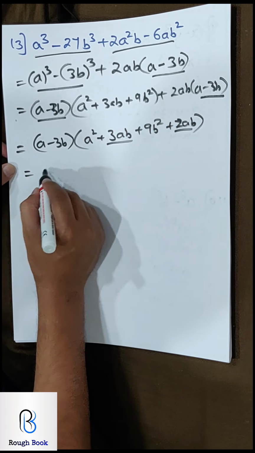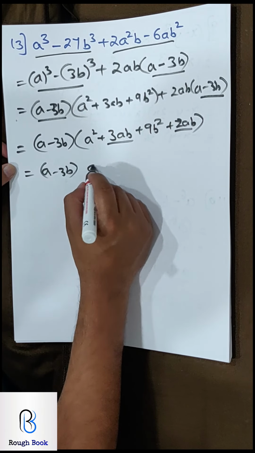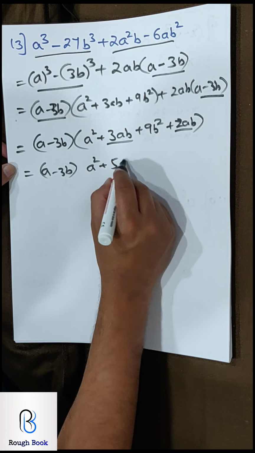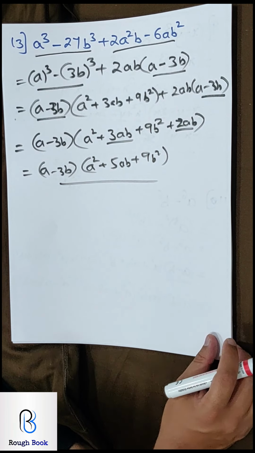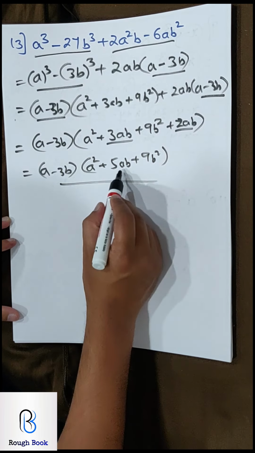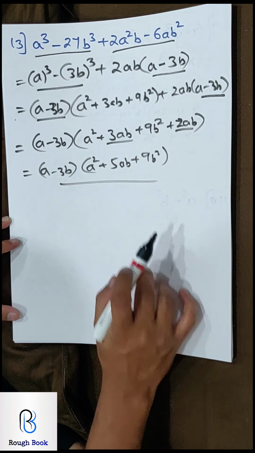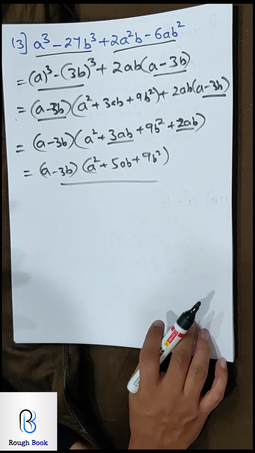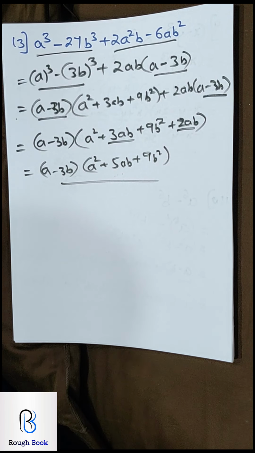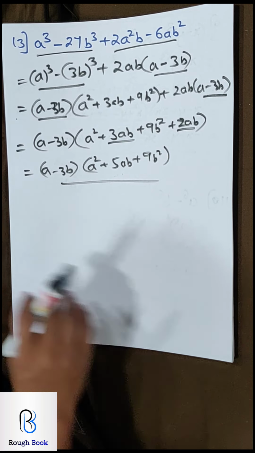I can see ab same terms, like terms. So a square, 3 plus 2, 5ab plus 9b square. Yeah, how many hands go up? Cool, simple. If I am able to split this, I should, but 9 is 3 3s are, so I can't do anything here, so leave it here. Otherwise you are always expected to split that if it is factorizable. So that was sum number 13.